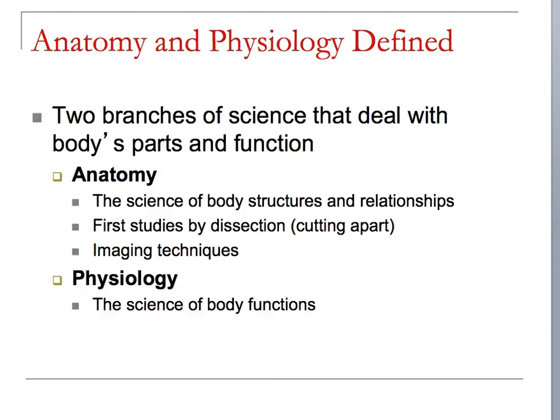Okay. Anatomy. There are two branches that deal with the body's parts and functions. The first is the science of the body structures, the 2,000-plus years that we've recorded of cutting open human bodies and looking at the fact that, hey, for the most part, everything's where it's supposed to be. And it's there for a reason. And you want to figure out why that is.